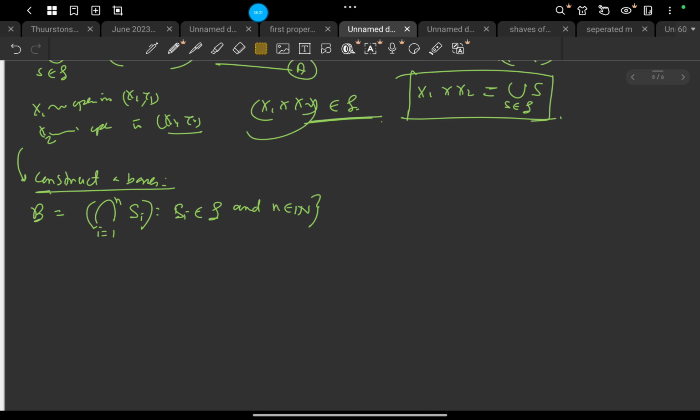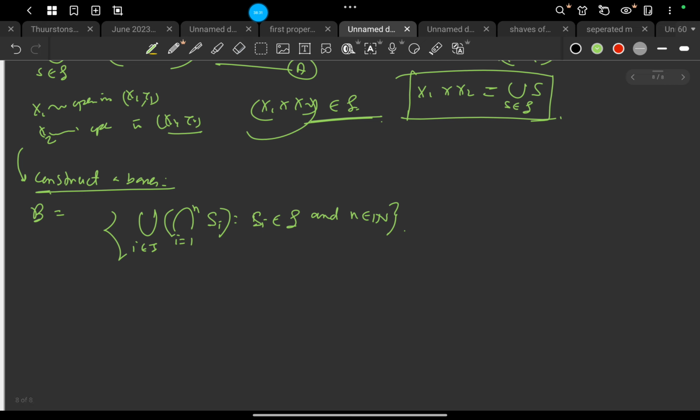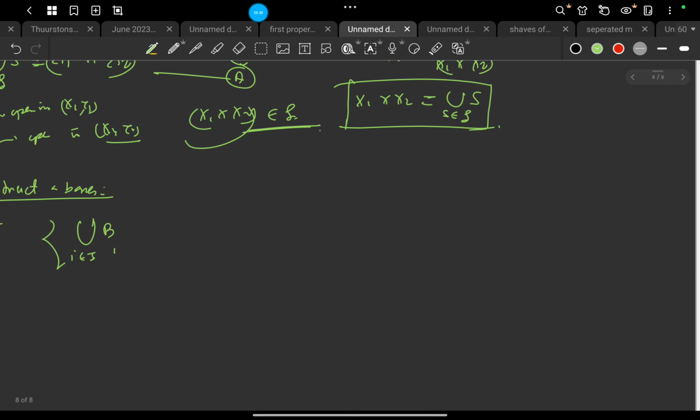First I take all possible finite intersections, and then an arbitrary union of them, that is, the arbitrary union of all Bi, where each Bi is a finite intersection of Sk for k equals 1 to ni, where Sk belongs to the subbasis S.